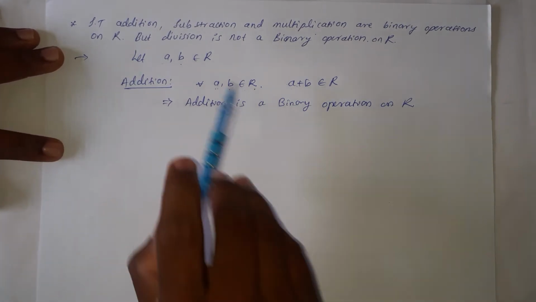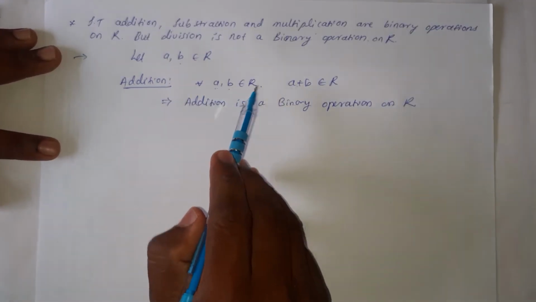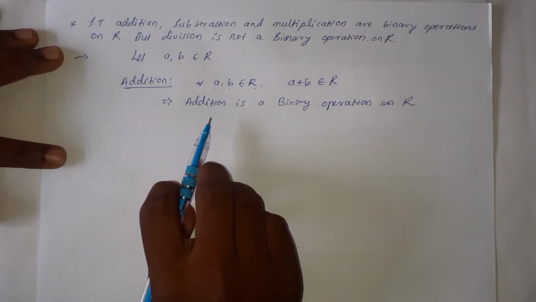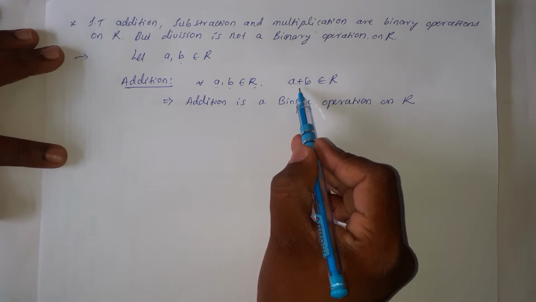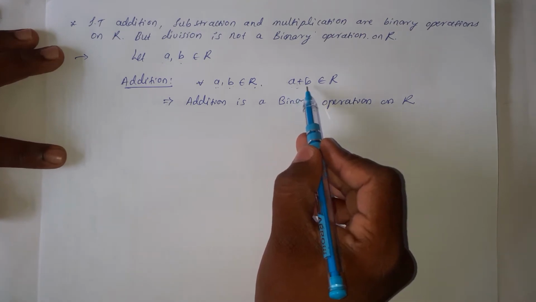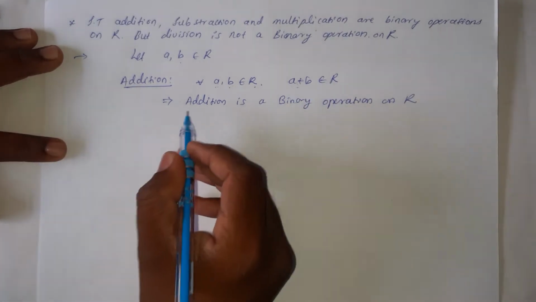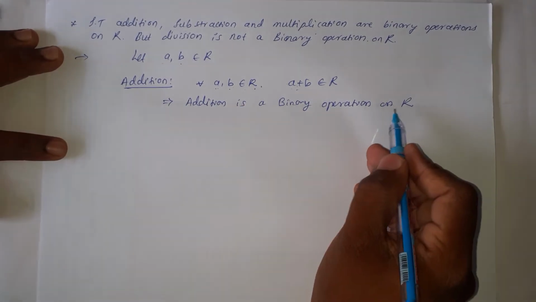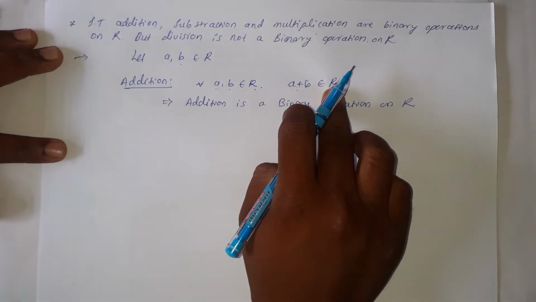In that definition, for all a, b belongs to S, a star b belongs to S, then star is called a binary operation. Here in place of star, we are using addition, that is plus. Therefore, addition is a binary operation on R.